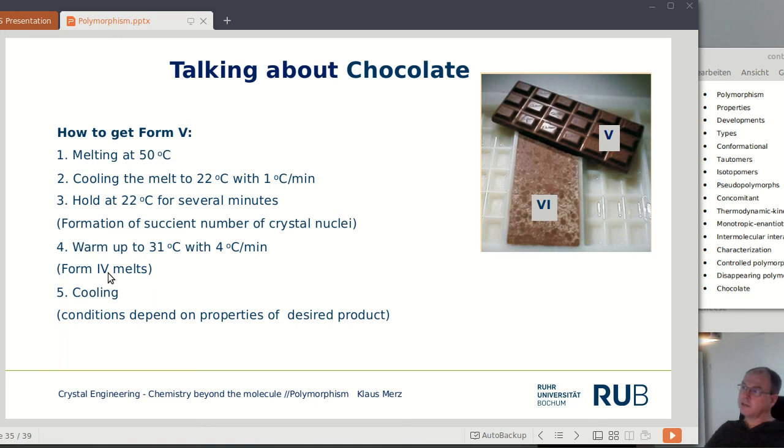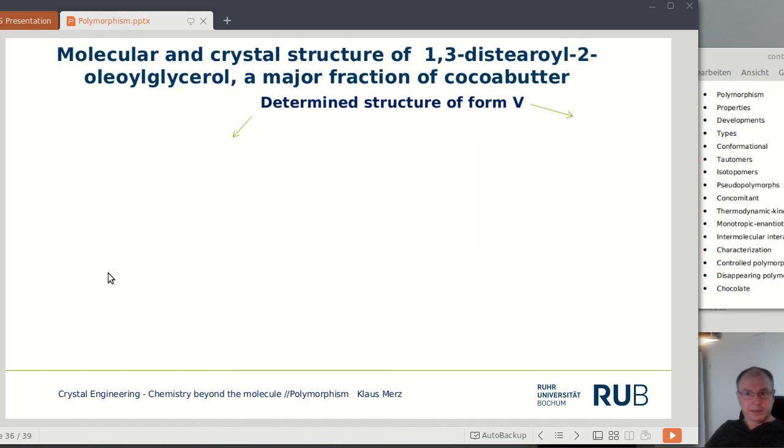This is chocolate. And if you look at chocolate, you will see one of the major ingredients of this compound is this glycerol. This is the main function, one of the major fractions of cacao butter, this glycerol.